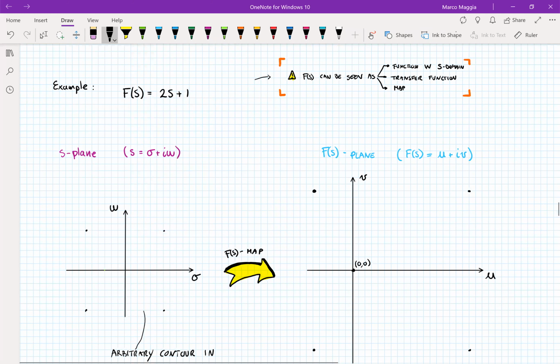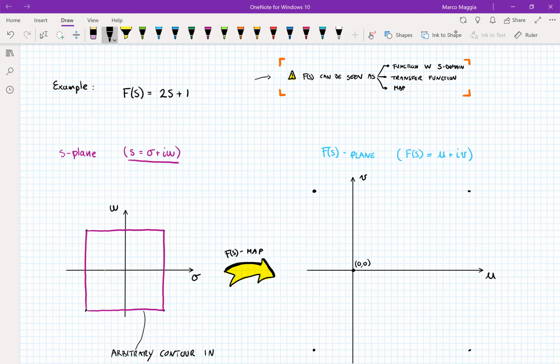So as I said, what we're going to do is start from a closed line in a complex plane. Let's take just the square line. And we're going to use f of s to transform or to map this contour into a new contour in another complex plane. So starting from the complex plane to the left, that is our usual S equals sigma plus I omega.